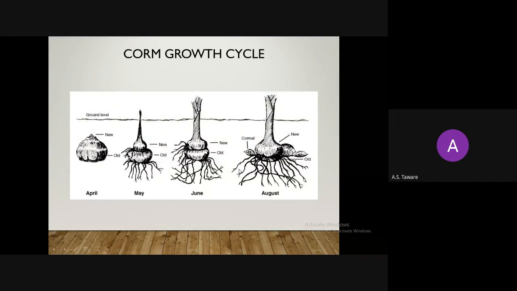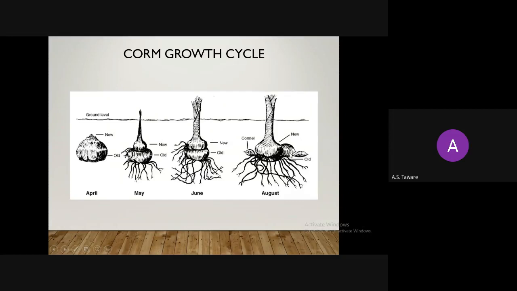So this is the growth cycle of the corm, how we get many cormlets. This is what happens under the ground. You get a development of a new corm over the old one. These are the roots. And again, in this season, we get new cormlets arising from the older corm, and these are used for vegetative propagation.